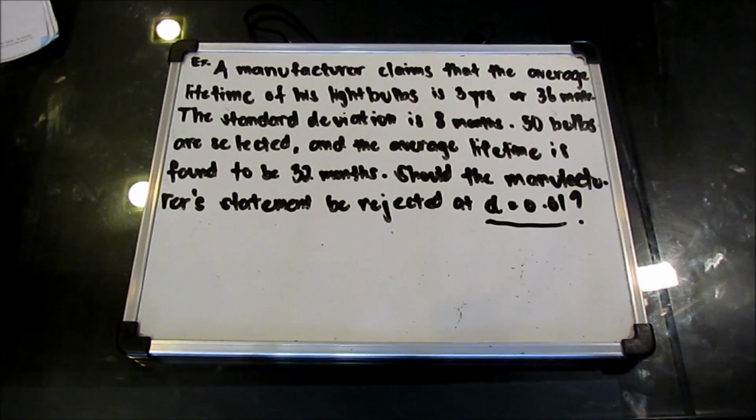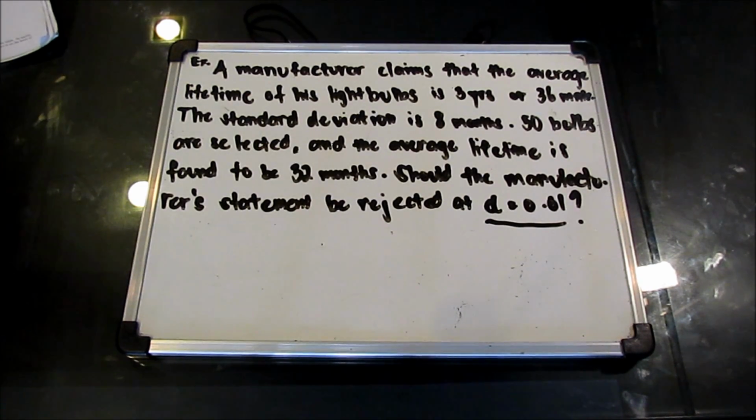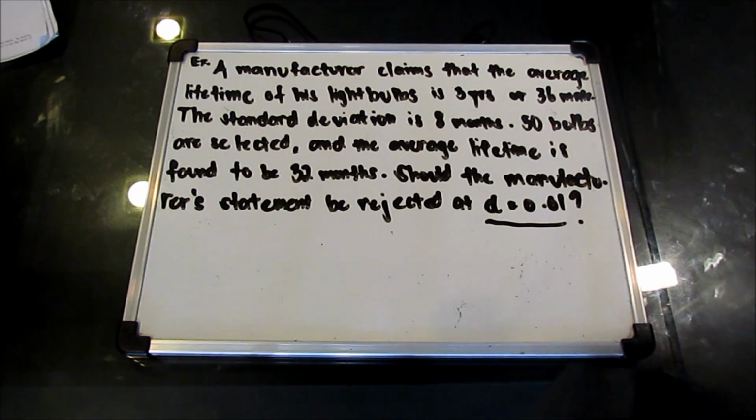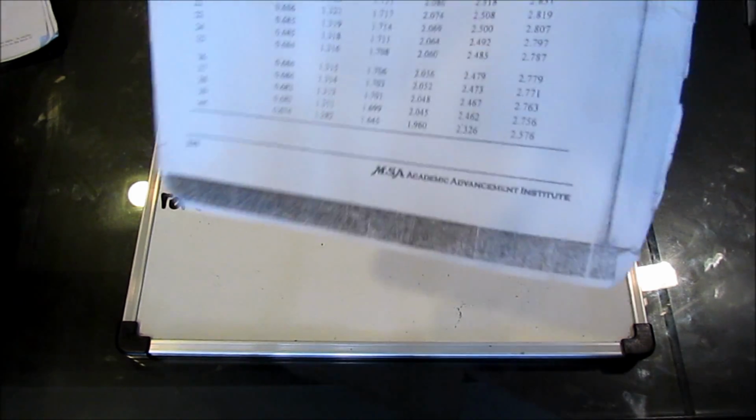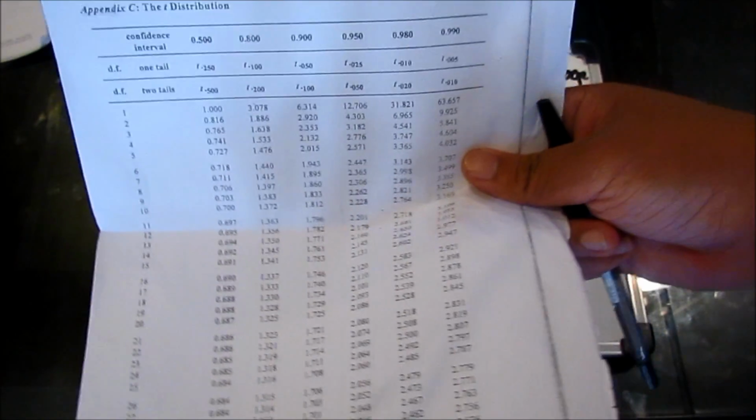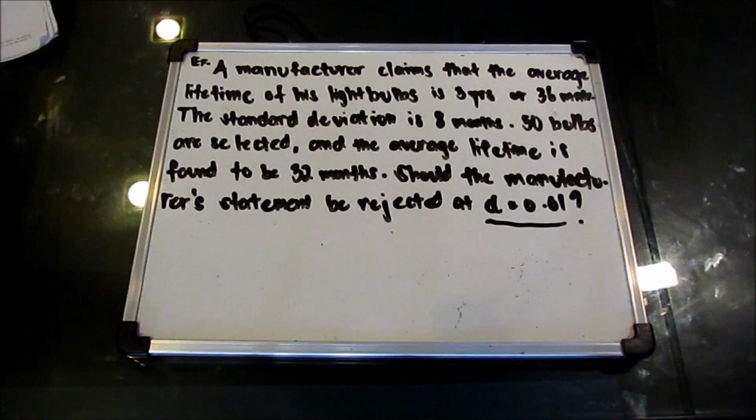So now we're in step 3. For step 3, we determine the critical value, rejection region, and degree of freedom. Before I go over step 3, first get out your t-table, this one right here. So let's begin step 3. First, we should find the degree of freedom.